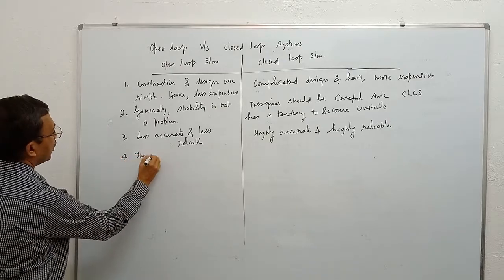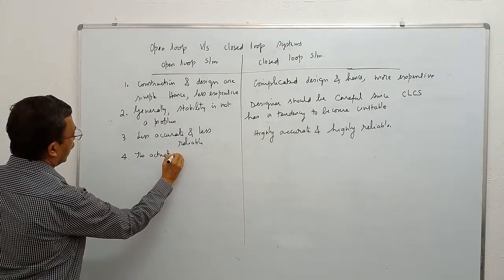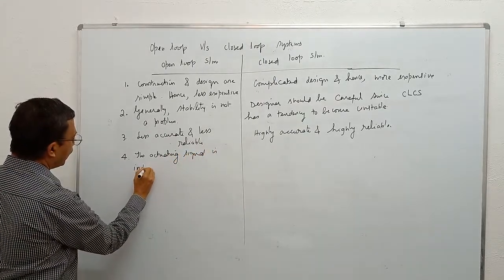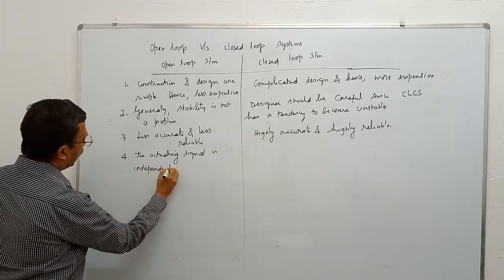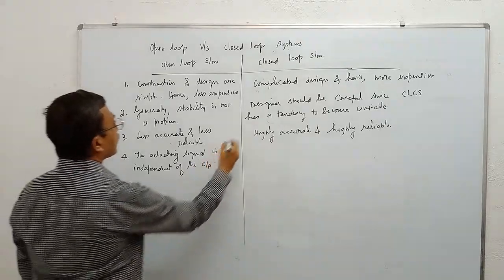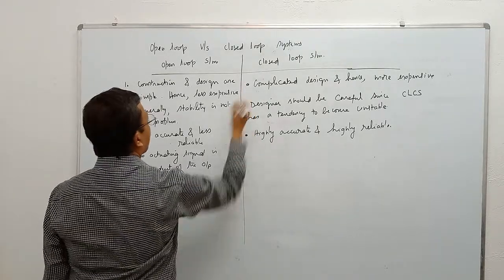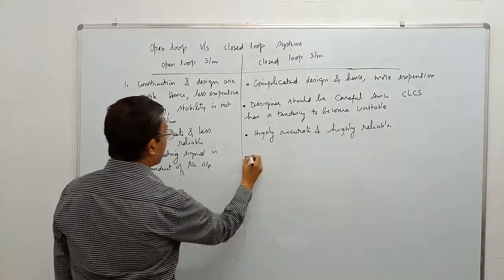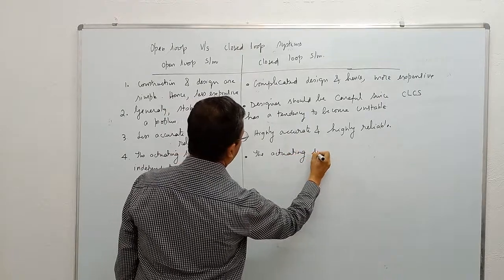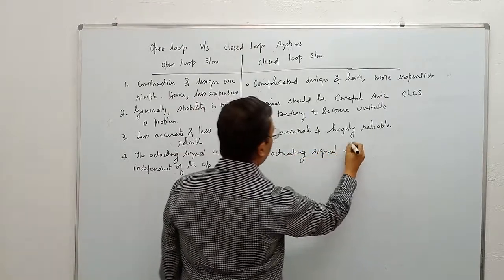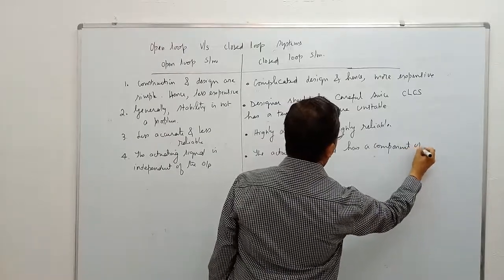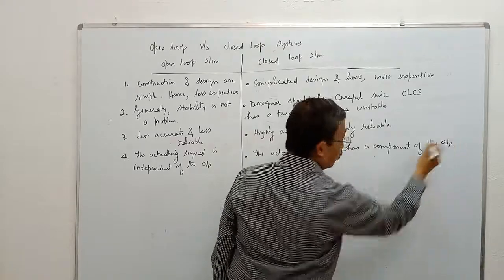Fourth point: in an open loop system the actuating signal is independent of the output. In a closed loop system the actuating signal has a component of the output.